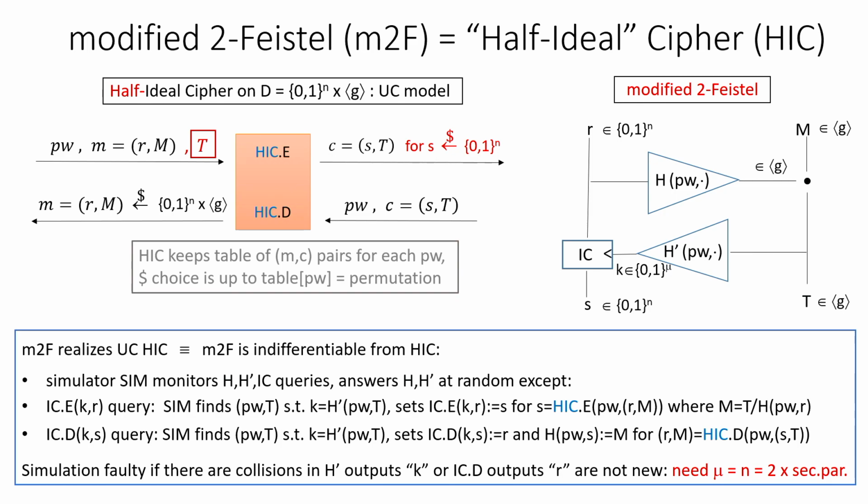And this little IC box is the key, because the simulator watches IC queries. If it sees an encryption query to the IC box, then it sees R and K. And from K, by collision resistance of H prime, it gets password and T. And now from R and T, it gets M. So it asks the orange box in the sky, but it knows T, so it pushes the T. Okay, what's the S? And it programs S into the output of IC.